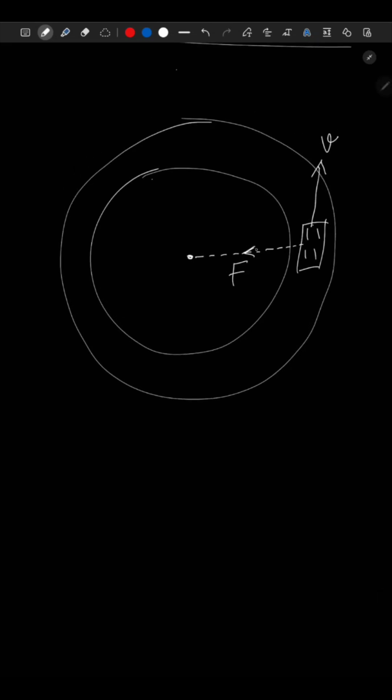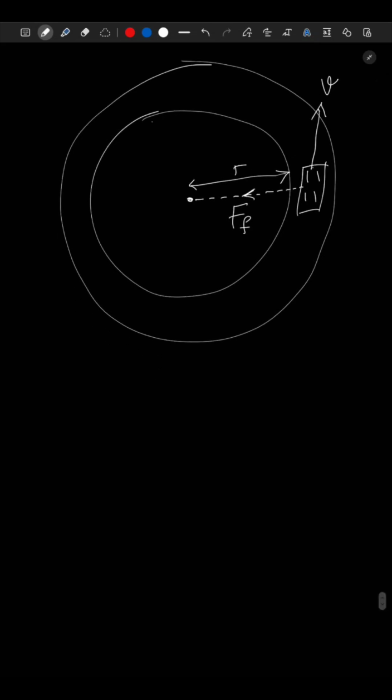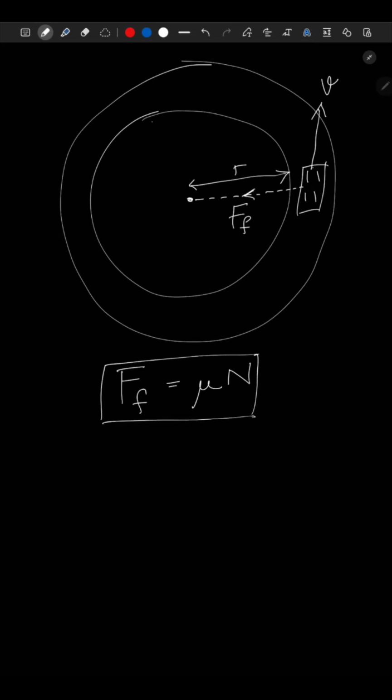Let's call the frictional force Ff, with a small subscript f. Let's suppose that this is of radius r, and there is a frictional force Ff. You know that the frictional force Ff is given by the coefficient of friction multiplied by the normal force.